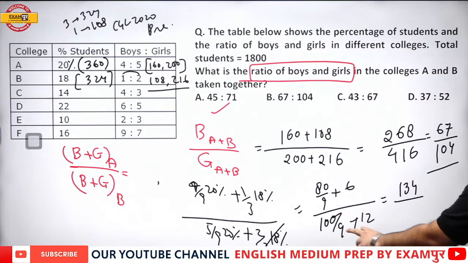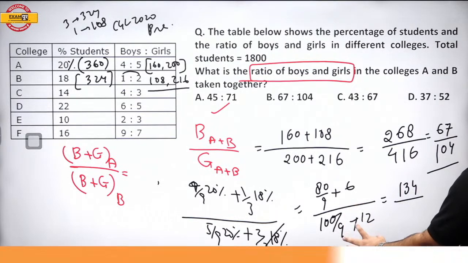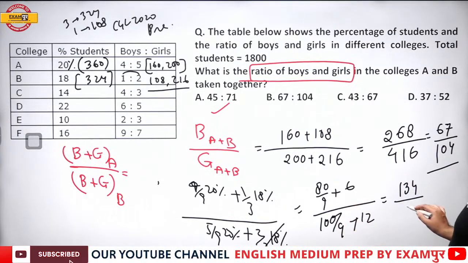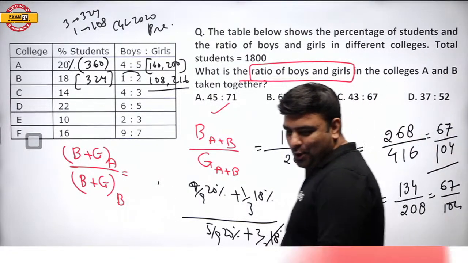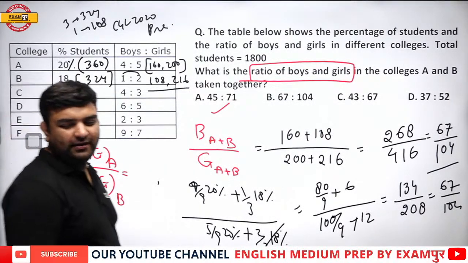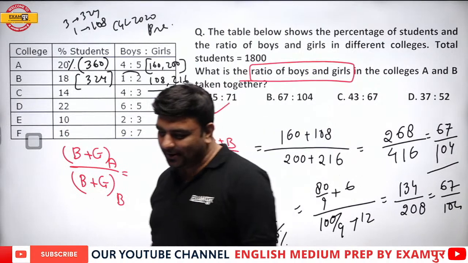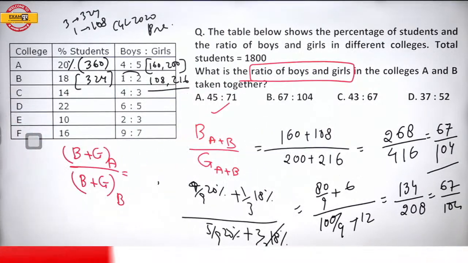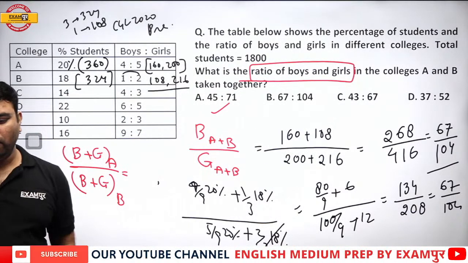Divide by 9. Divide by 9 will cancel in the denominator as well. 108 plus 100, 208. Which is more stylish? You can do whatever you like.